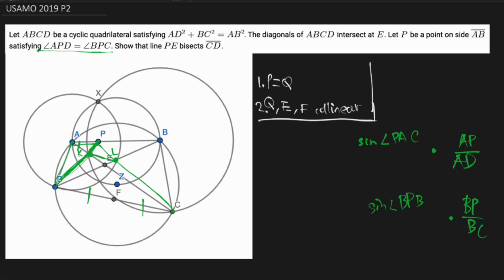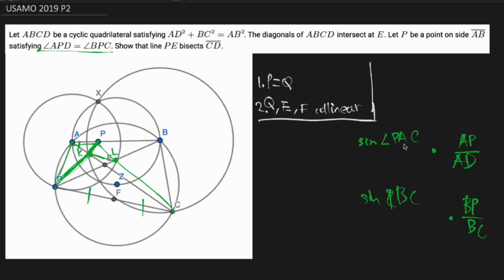And we can actually do something about sine PAC and sine, wait, I don't know why I wrote BPB. This should be sine of, if we want it to be symmetric, this is just sine PBC.